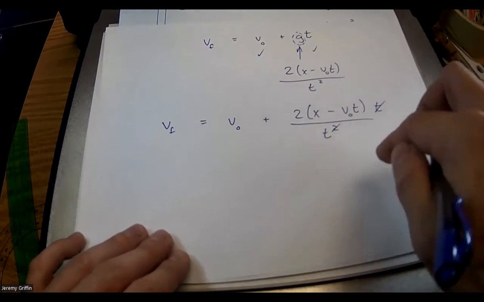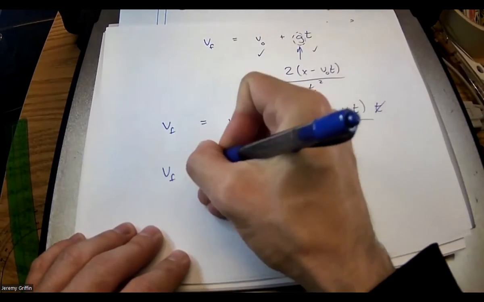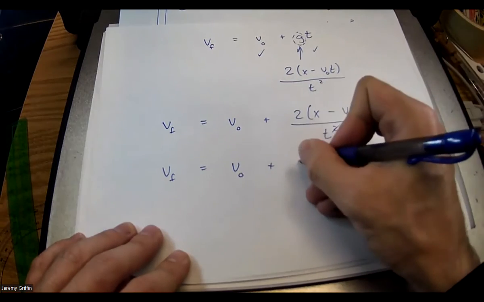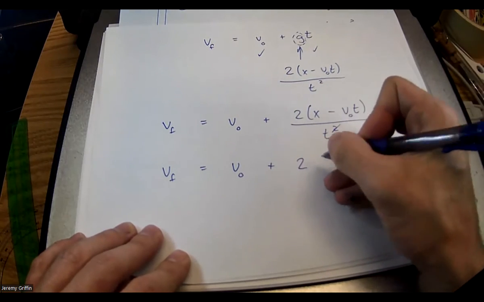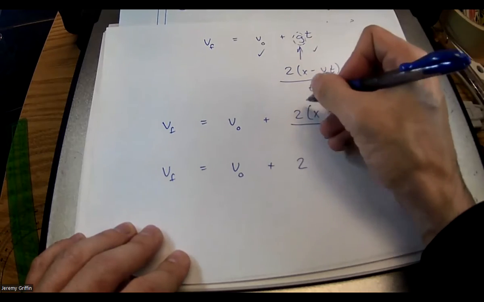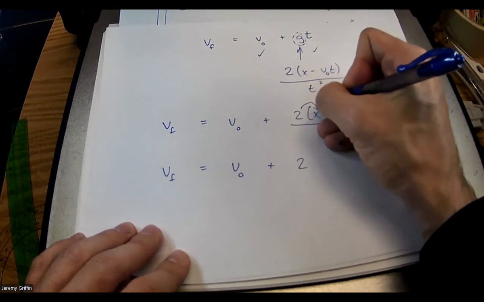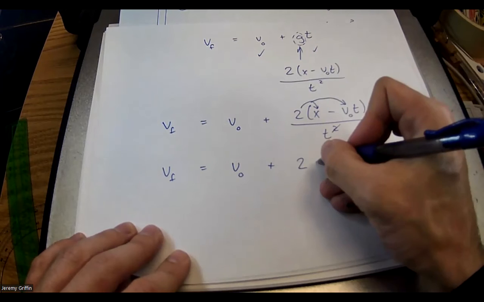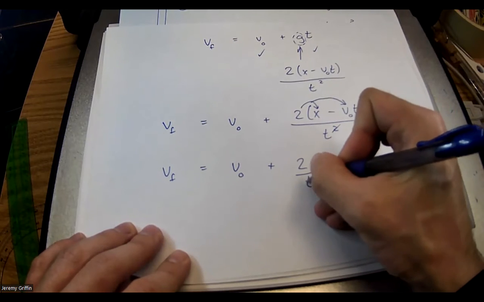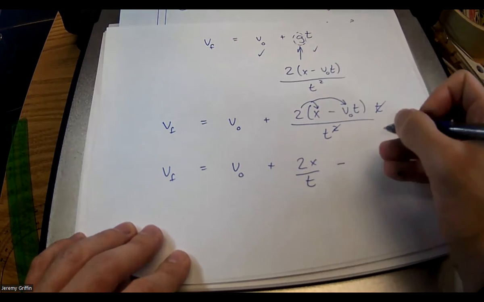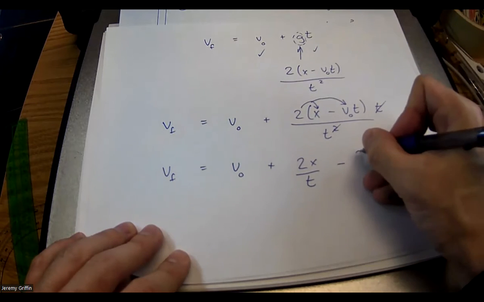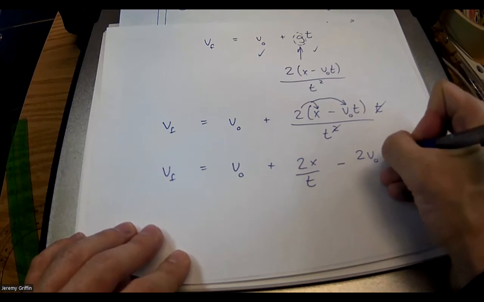So clean this up a little bit. Crash velocity equals initial velocity plus 2. I'm going to go ahead and expand this out. Can you distribute this 2? Is that okay? It'd be like 2x over t minus 2 v naught t over t.